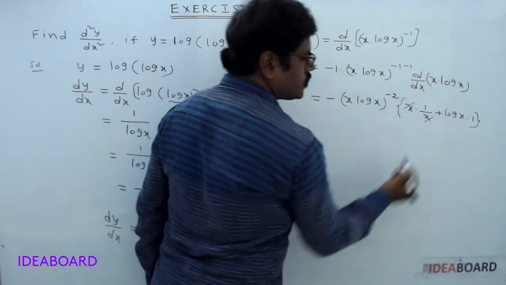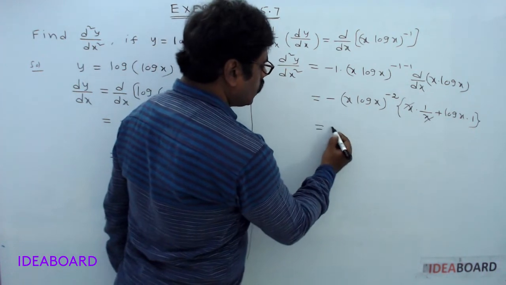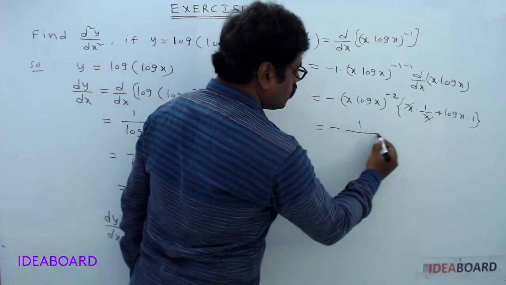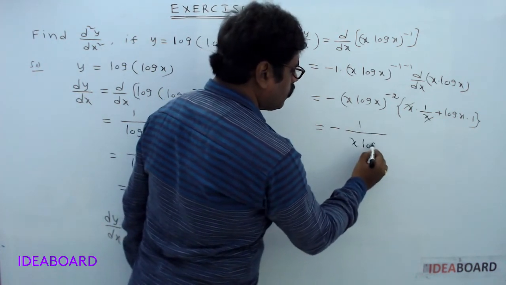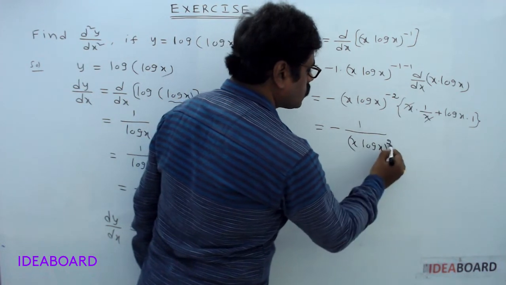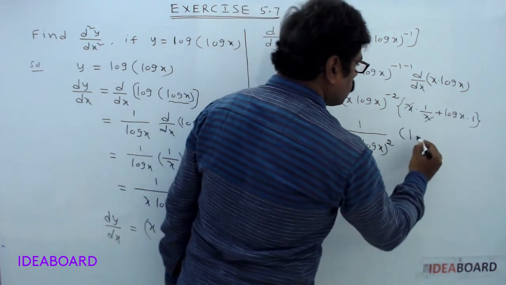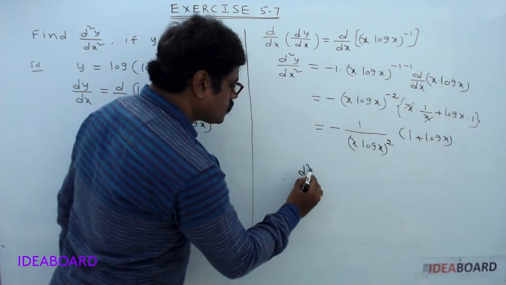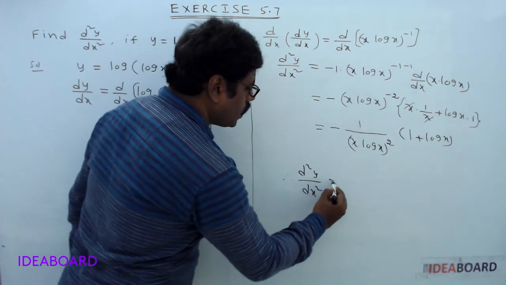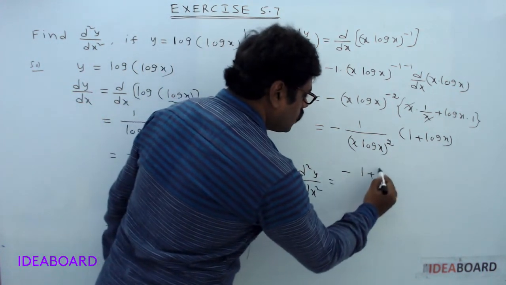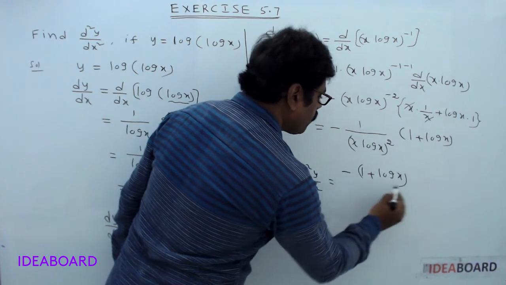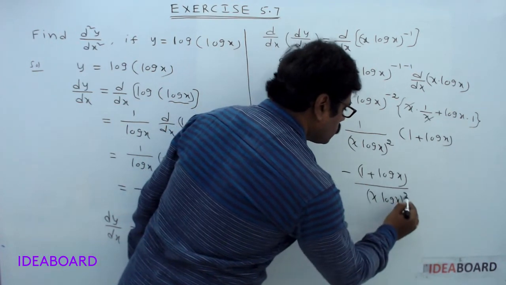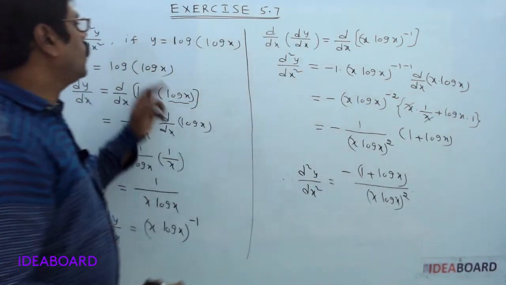Now here x will be cancelled. Now this equals minus (x log x) whole power minus 2, which can also be expressed as 1 divided by (x log x) whole square, into 1 plus log x. So therefore d square y by dx square equals minus (1 plus log x) divided by (x log x) whole square. Now this is the final answer to our given problem.